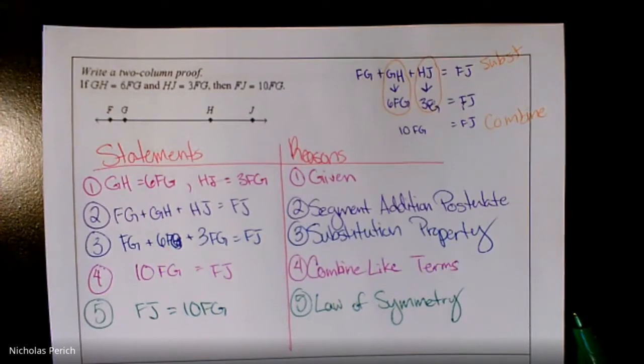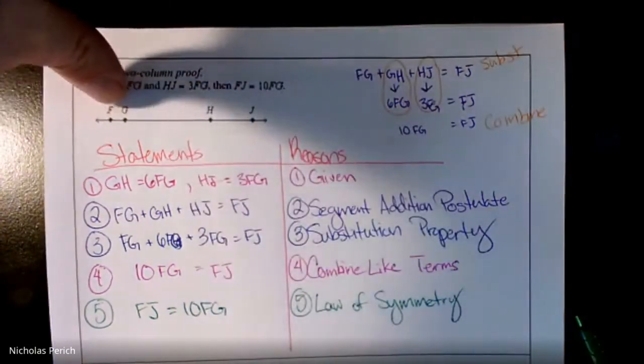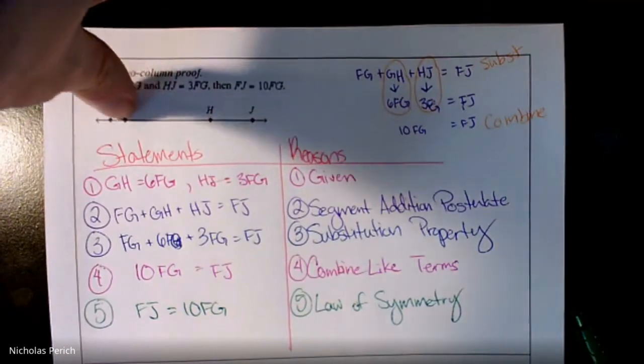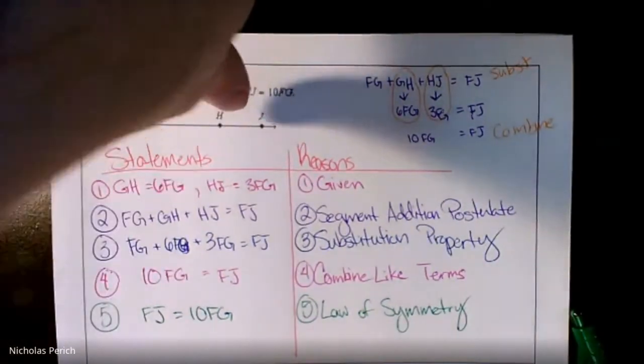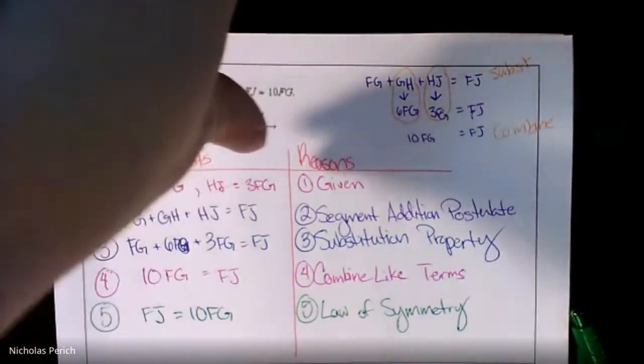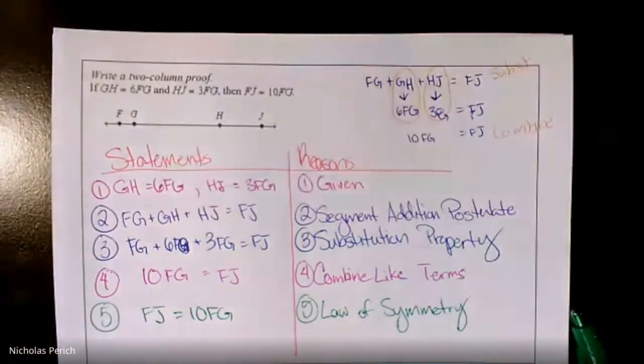Okay, so it's kind of clear what we have with the original problem. FG is FG. GH here is 6 of those. And HJ is 3 of those. And it wants me to prove that this whole thing is 10 of those.